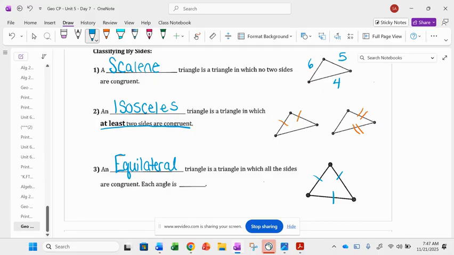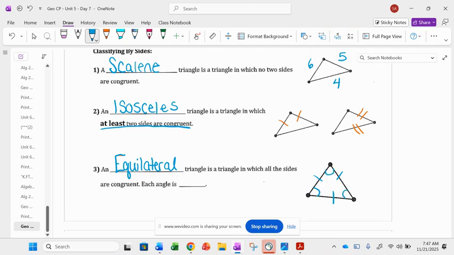If a triangle is equilateral, I'm going to use a different word, it is also equiangular. So if equilateral means all the sides congruent, any guesses on what equiangular means? All the angles are congruent.